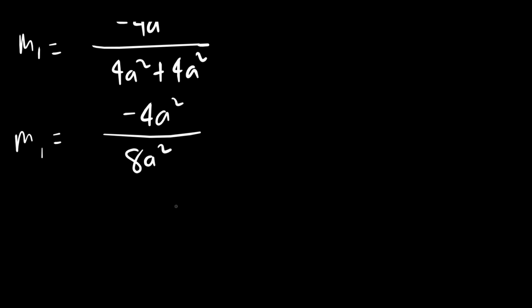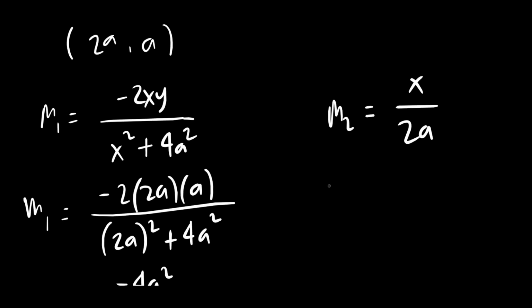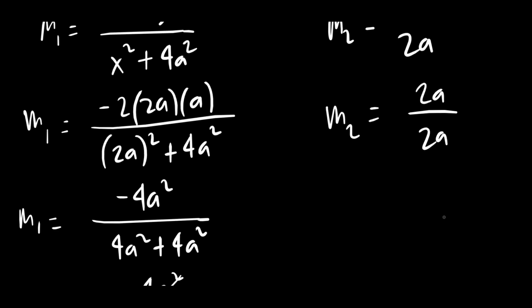By dividing, we cancel the a squared, so the remaining is negative 1 half. Let's take note of the value of m1. At m2, we have m2 equals 2a all over 2a, so m2 equals 1.